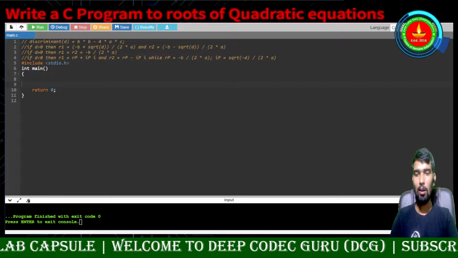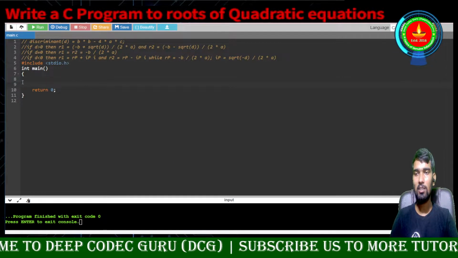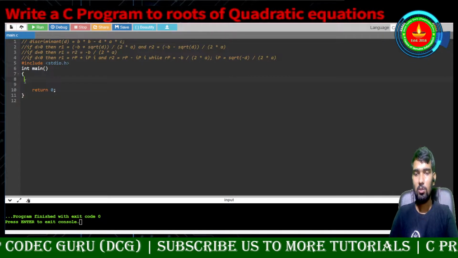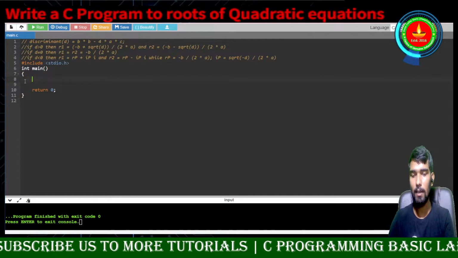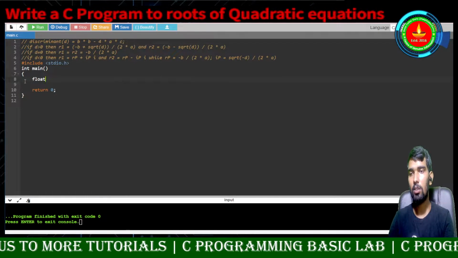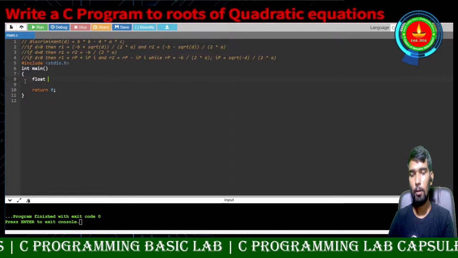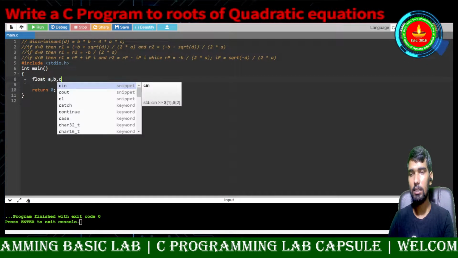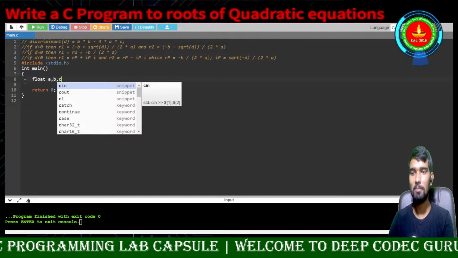Okay, so now without wasting any time, let's get started and do the coding. We first have to store these values as float type, because most of the values will come as float only. So float a, b and c. I hope you are very aware of what a, b and c are.